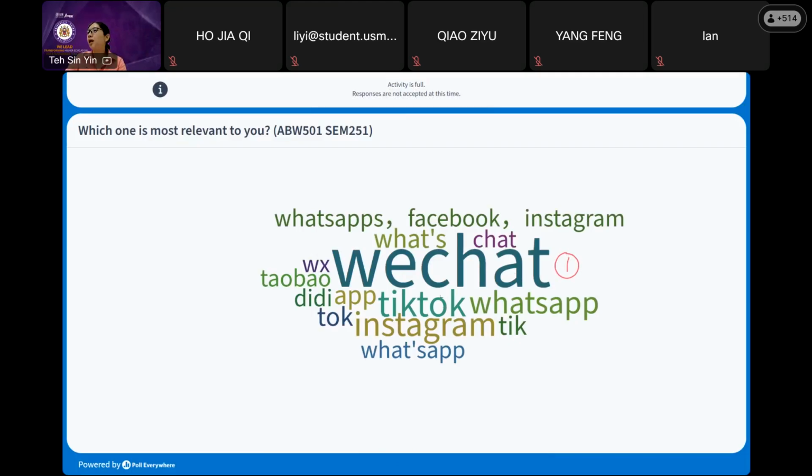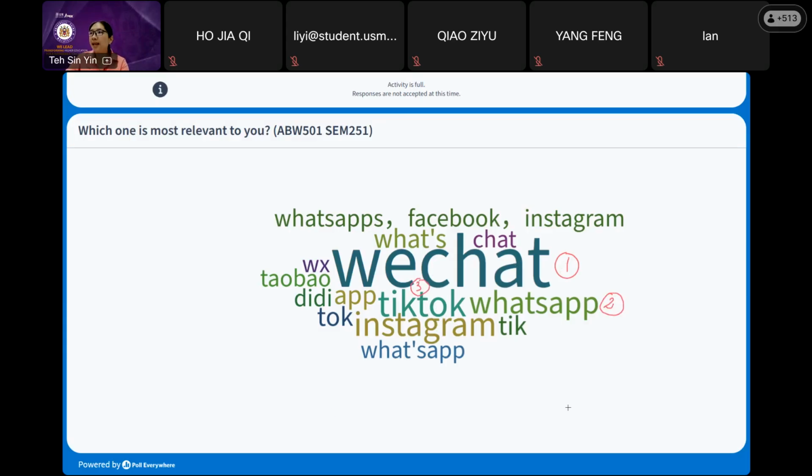Number 2, I will say, should be WhatsApp, because this WhatsApp and that WhatsApp, I believe, are the same. And the third one could be TikTok or Instagram. TikTok and Instagram are about the same, maybe TikTok a bit bigger. So these 3 are the top apps that you are using.